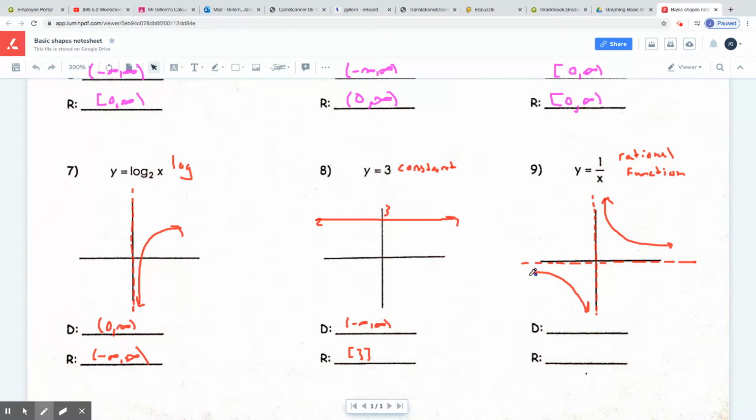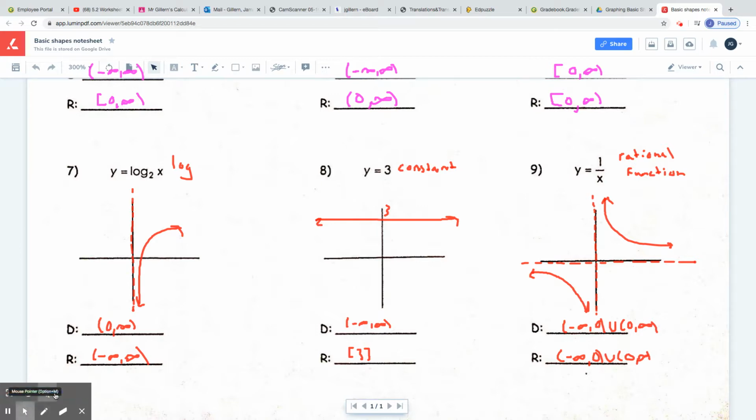That was the basic shape of a rational function. So the domain is from negative infinity to 0, union, because we have a vertical asymptote there, 0 to infinity. And the range is the exact same thing.